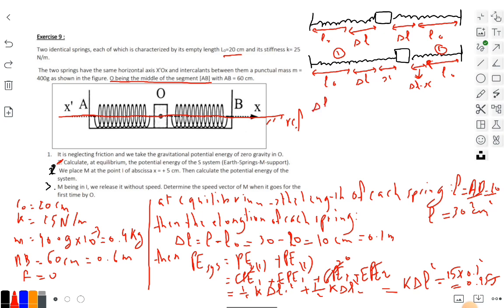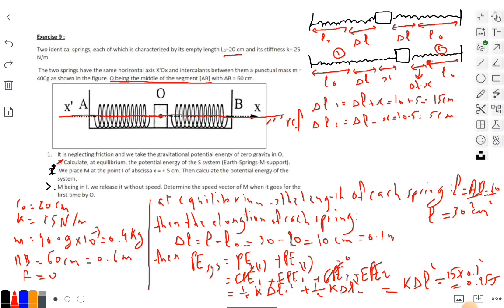Delta L1 becomes delta L plus x, equal to 10 plus 5 equal 15 centimeters. Delta L2 is equal to delta L minus x, equal to 10 minus 5 equal 5 centimeters.